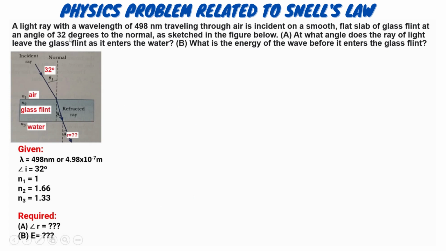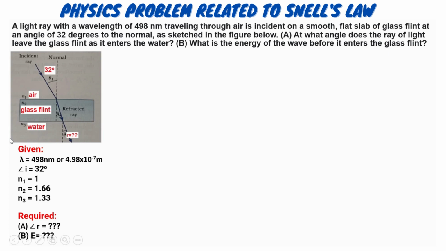For the wavelength of the light ray, we have 498 nanometer or 4.98 times 10 raised to -7 meters. So, we convert nanometer into meters. Now, our angle of incident is 32 degrees. For N1, which is the index of refraction for air, we have 1.